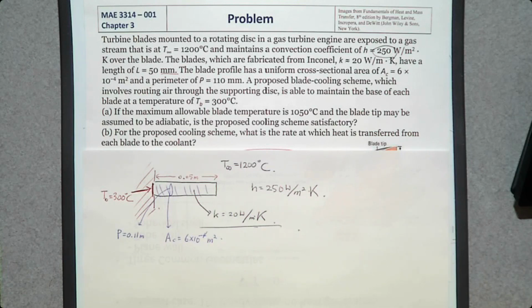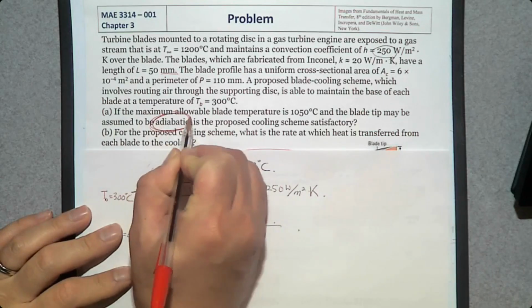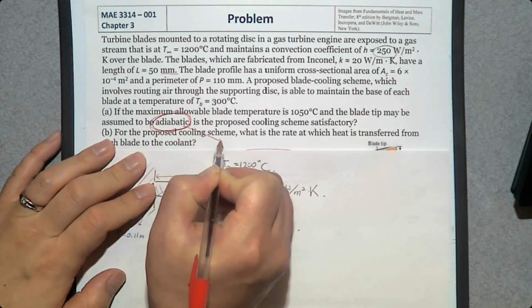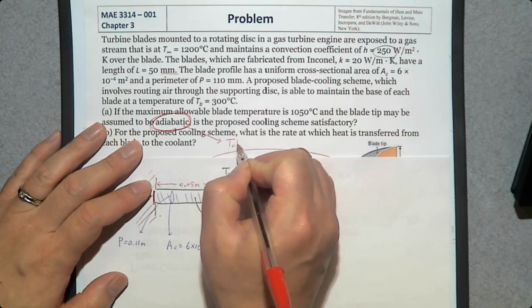The blade tip may be assumed to be adiabatic. So there is information about what kind of case we are going to use in a table. This is the clue for the table.